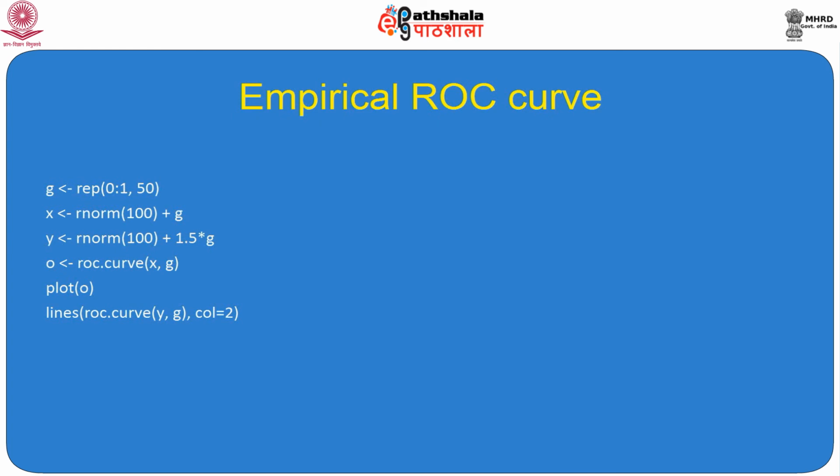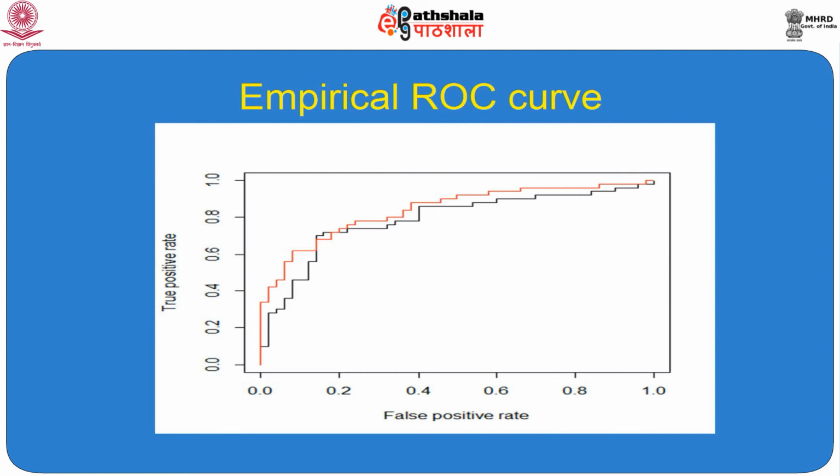This is a simple function, and this is the empirical ROC curve. The red line is for sensitivity and the black line is for specificity, and the common area between these two lines starts to touch near 0.1, and again near 0.9.